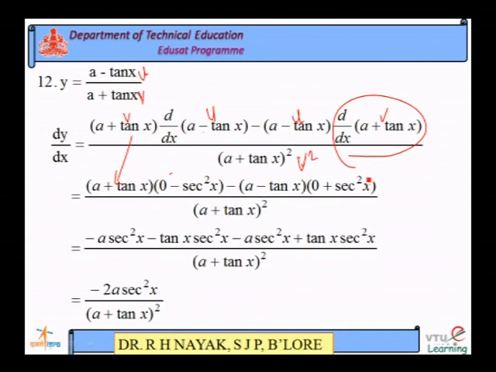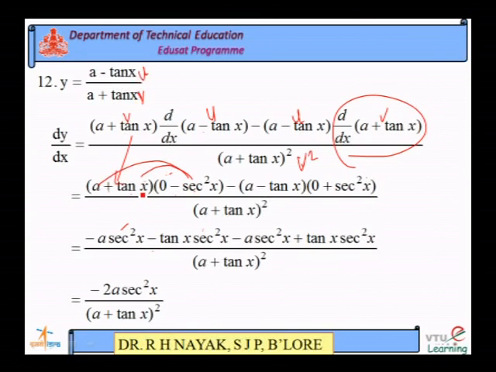By leaving 0, you can multiply this minus secant square with all of the first bracket: minus a into secant square x is minus a secant square x, plus minus into minus tan x into secant square x. This is multiplied for both a as well as tan x.